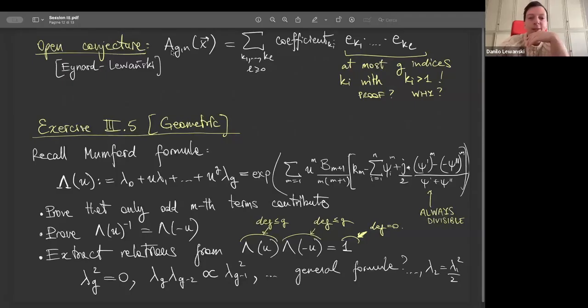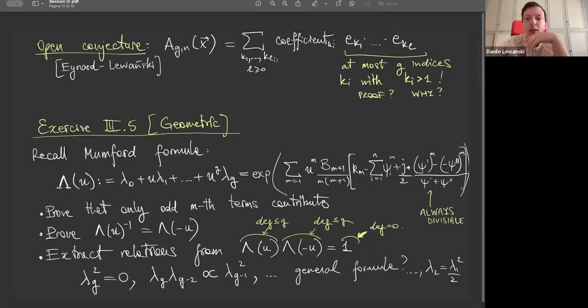But it's true that A_{g,n} is just the sum over k_1 up to k_l with l greater than 0, and then you have some coefficient that depends on the k_i's, and here you would have E_{k_1}, E_{k_2}, E_{k_3} up to E_{k_l}.